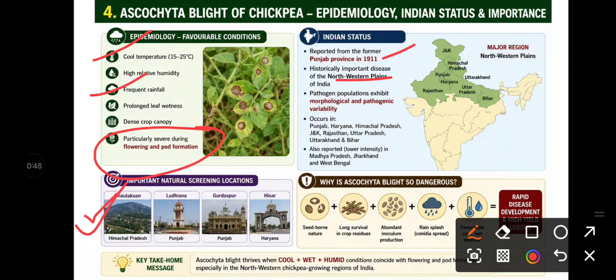Then its long-term survival inside the crop residue also makes it very difficult to manage. Next, the production of an abundant number of conidia inside the pycnidia is very helpful for the pathogen to spread rapidly for the secondary spread. Then rain plus dispersal. So these are the conditions which make Ascochyta blight more dangerous.